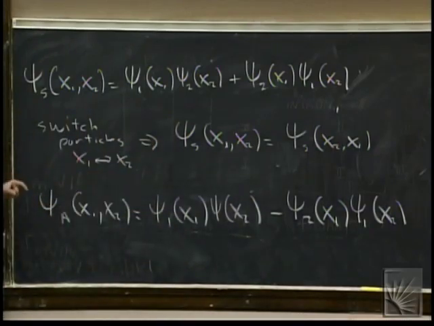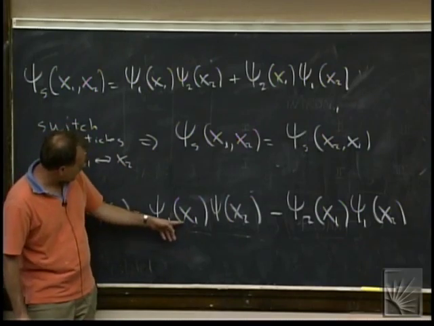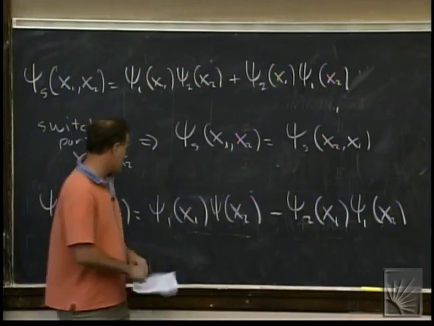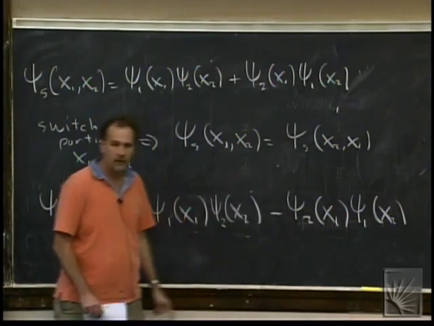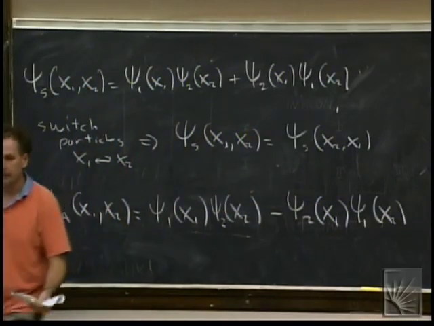I mean, I could write it down, but it's just tedious. I keep writing and writing, and I'm doing a simple thing. Here, if I switch 1 and 2, this will become psi 1 of x2, which was that bit. And this will become psi 2 of x1, which is that bit. Similarly, that will be the same as this bit, but there's a negative sign between them.